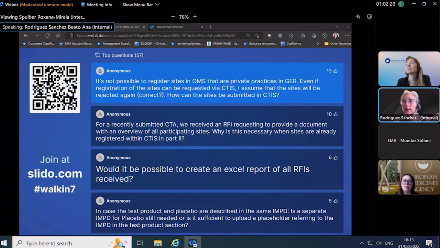We are trying to see how you can register private practices, and hopefully it can be done in OMS. At the same time, we plan to switch off the submission of certain organizations to OMS, like investigational site, third party, etc. Unfortunately, initially the plan was to have this done in August.